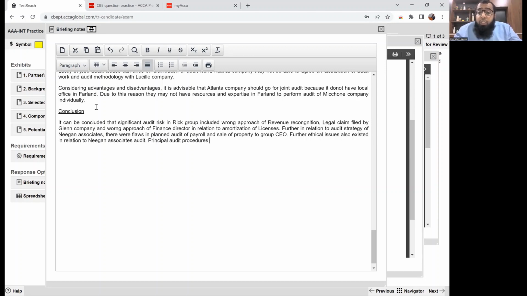Principal audit procedures on sale of property to group CEO included verification of elements which are required to be disclosed in the related party note.